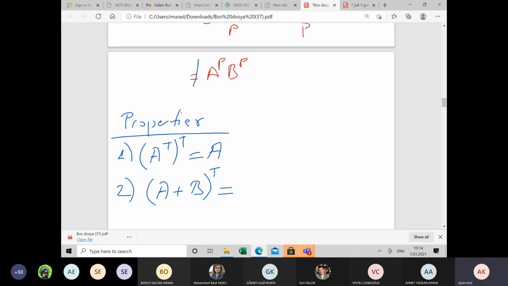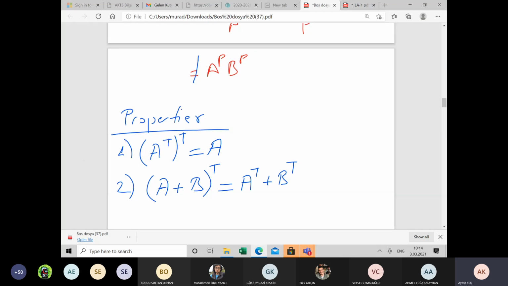The transpose of the sum is equal to the sum of the transposes: the transpose of A and the transpose of B. It's okay? The transpose of the sum is the sum of the transposes.